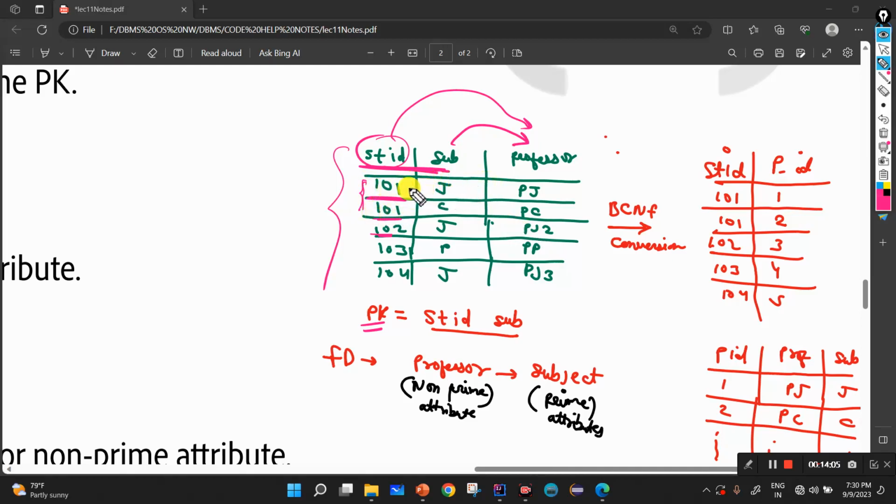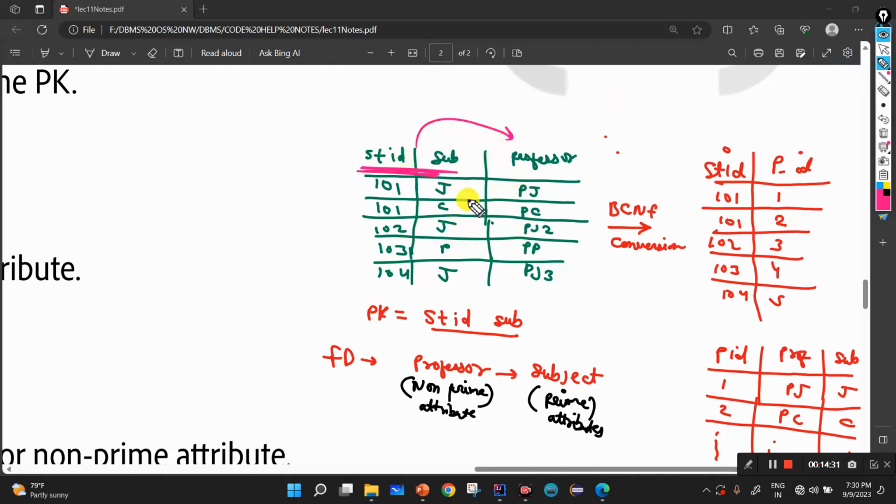It is possible that student 101 takes more than one subject, like Java as well as C, so there are different professors, PJ and PC. With both attributes we can determine the professor.